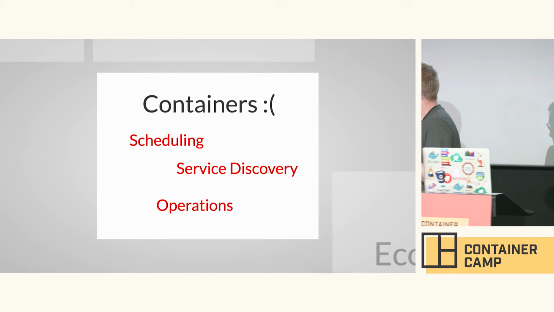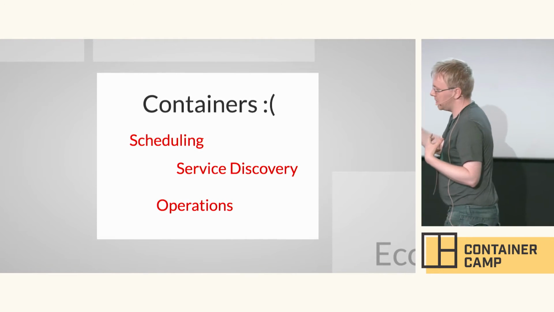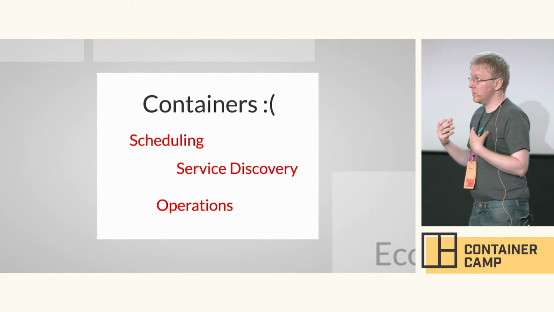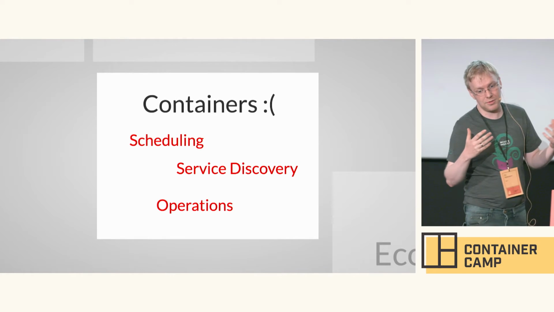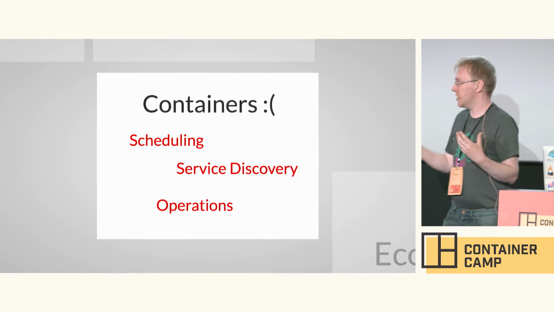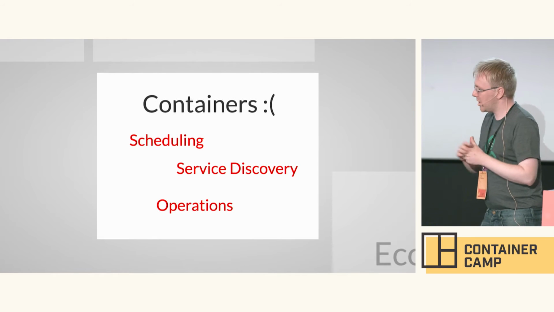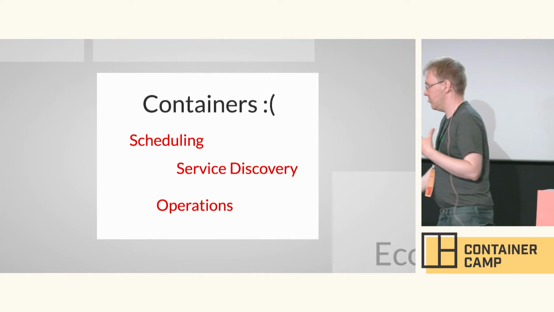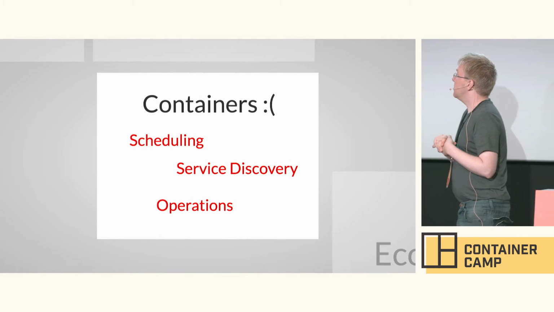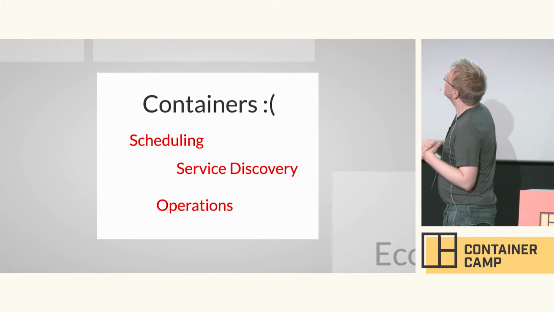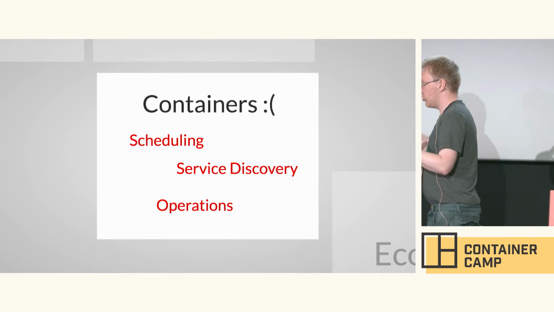So I wouldn't say these are problems with containers, but these are things that you end up wanting when you move to containers. When you've got the traditional architecture of using configuration management and spinning up all these VMs, maybe on a cloud provider or provisioning servers, you kind of don't want to do scheduling or service discovery or operations.